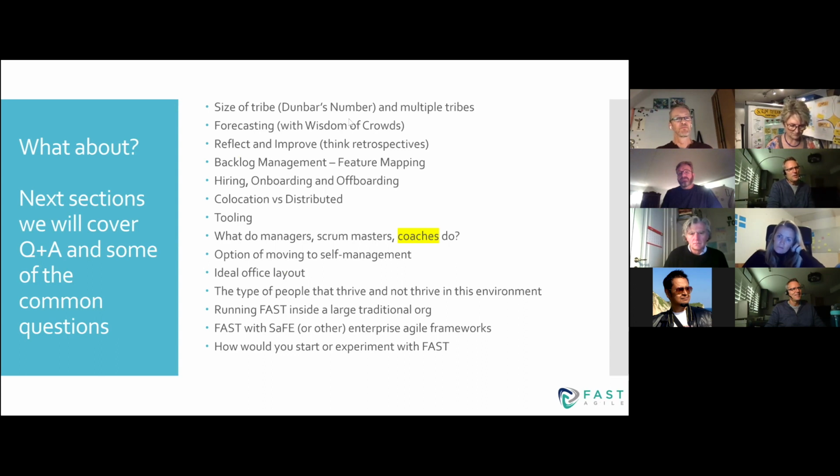So when we were doing FAST, we said, okay, mastery is important. What does that mean? How can we support you in mastery? And so we said, all right, for half a day a week, you get to work with your team, guild.